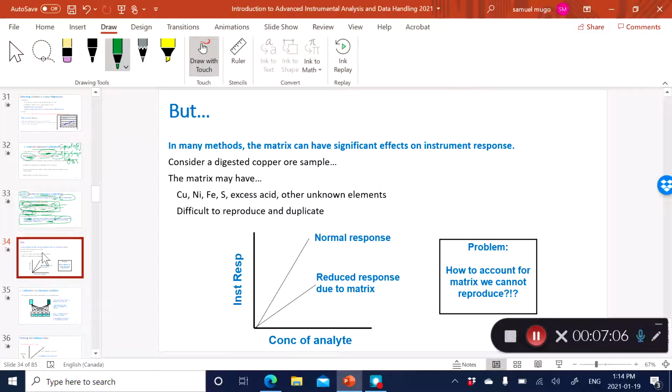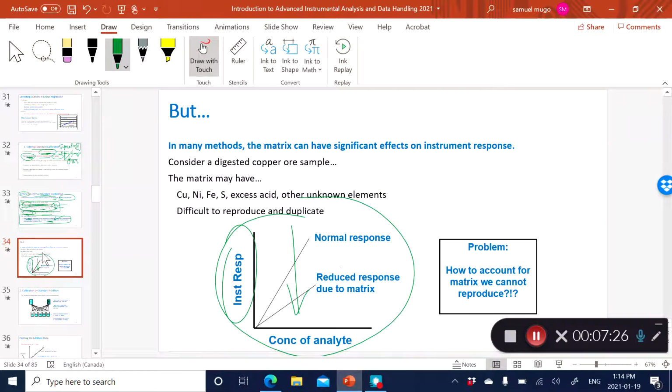And before I get to the standard addition method, to clearly explain what it is, maybe this slide is a good one to explain to you the severity of the instrument response when you've got matrices. Because what happens is, you've got matrix interferences that suppress the signal.